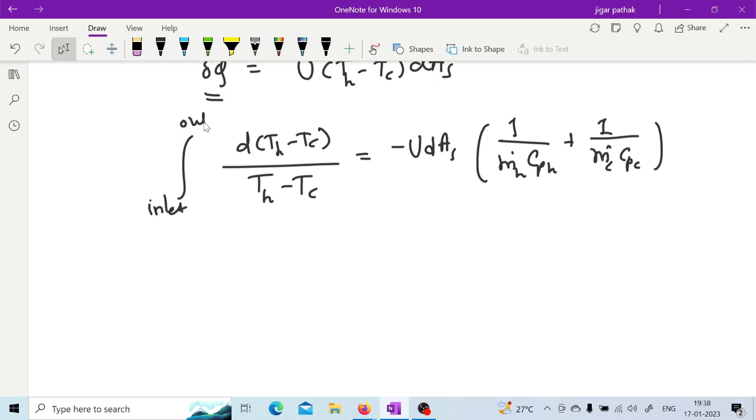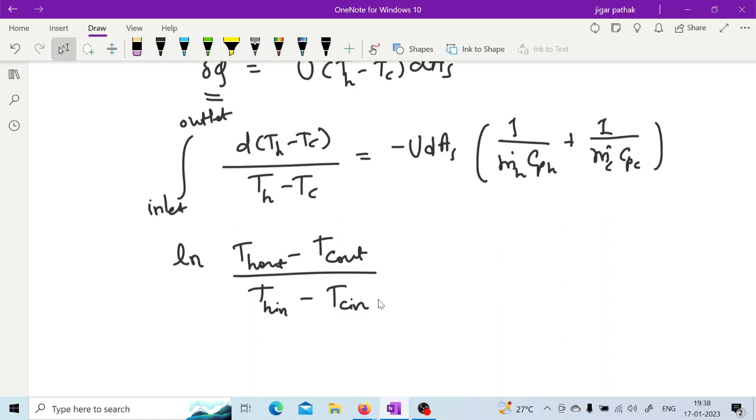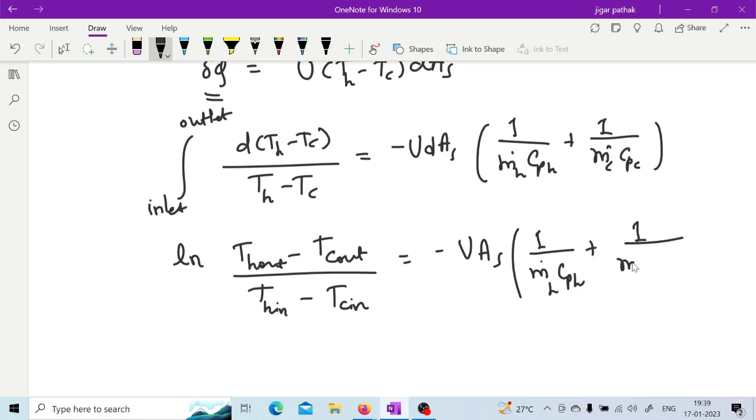Then you get the equation ln[(Th out minus Tc out) upon (Th in minus Tc in)] equal to minus U times the full area As times (1 upon mh cph plus 1 upon mc cpc). So this is how you have your relation.